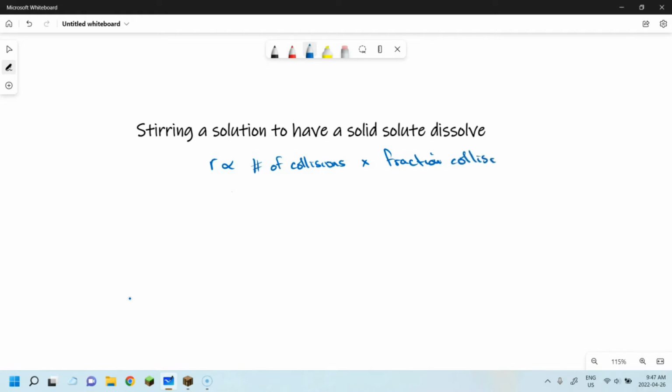When we look at our scenario, we want to look at which one of these two things it will impact. And so we know that stirring of a solution will increase the motion of the particles.